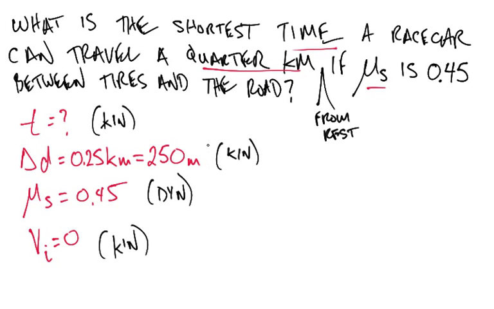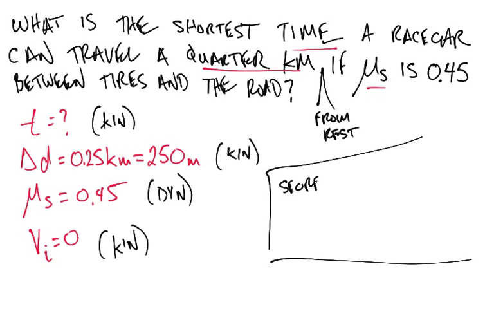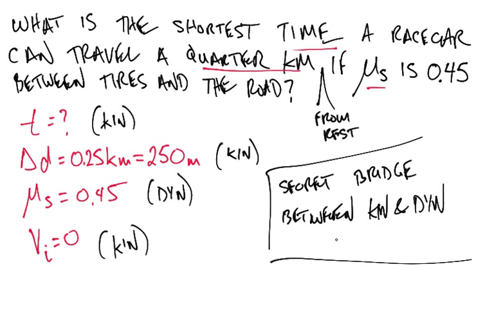Now, I want us to write down a very, very important sentence here, and we'll put this in a little box. The secret bridge between kinematics and dynamics is acceleration.